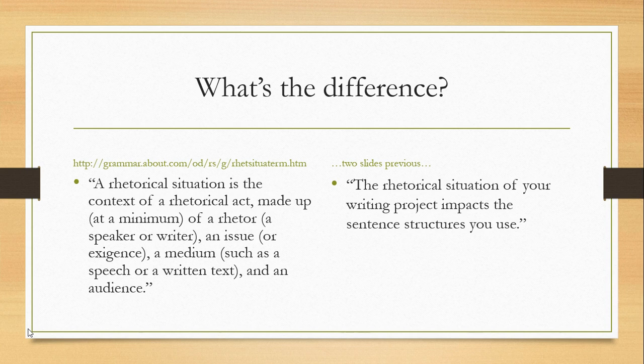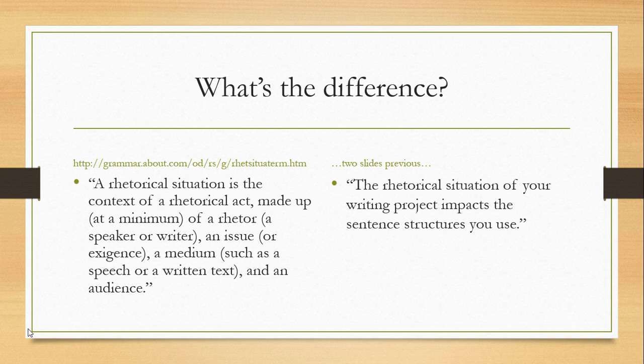So digging more into the example of this PowerPoint, we can look at the difference here between these definitions of rhetorical situation. On the right, I have the definition of rhetorical situation that I used 2 slides ago.